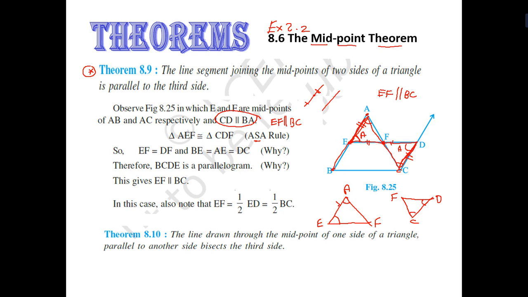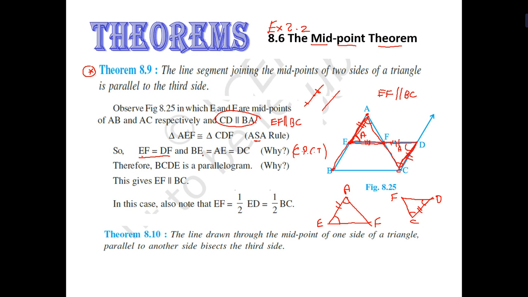So by the ASA rule, the two triangles are congruent. If two triangles are congruent, then EF is equal to DF. These two are also equal, by CPCT, corresponding parts of congruent triangles.